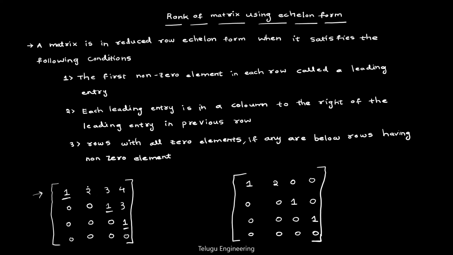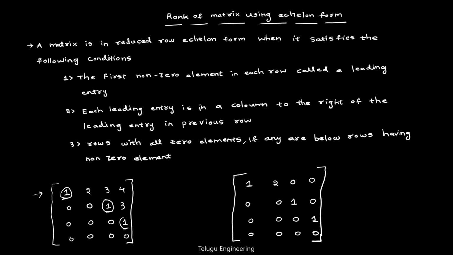Each leading entry is in a column to the right of the leading entry in the previous row. For example, let's consider the i-th and (i plus 1)-th rows. This is the i-th row and this is the (i plus 1)-th row. If you observe these two elements, it is clear that the leading element of the second row is to the right of the previous leading element. This should be valid for all the continuous rows downwards.